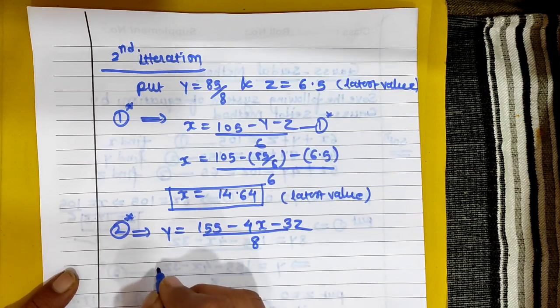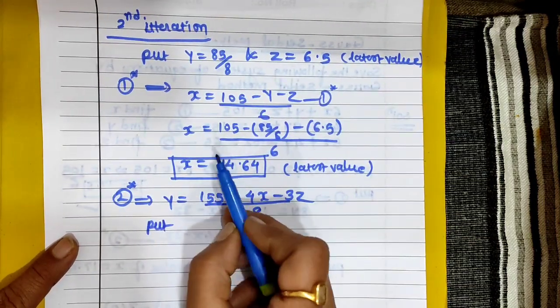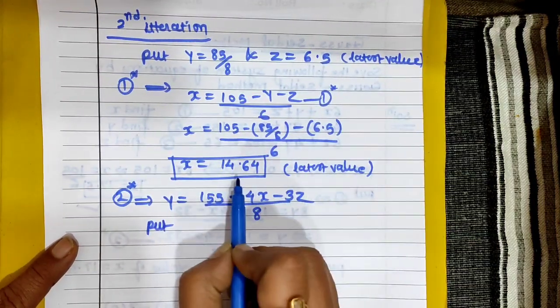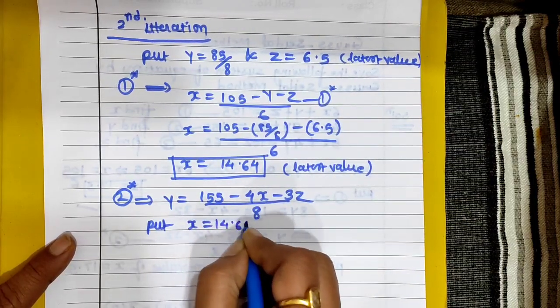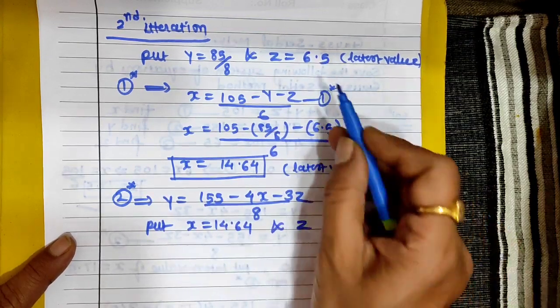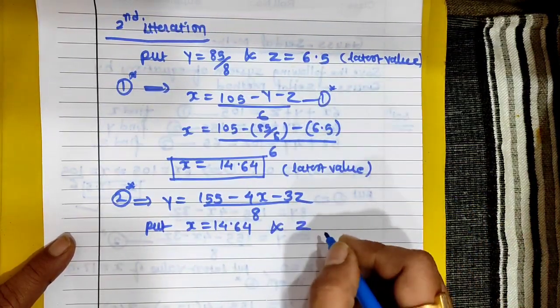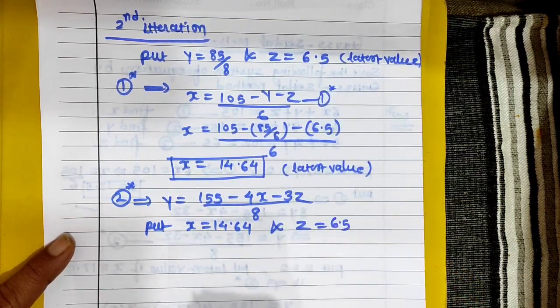What is the latest value of x? Put this one we calculated just now, which is later than the previous one. So x equal to 14.64, and z's latest value, we have not yet got the latest value of z, so we use the previous one, 6.5.